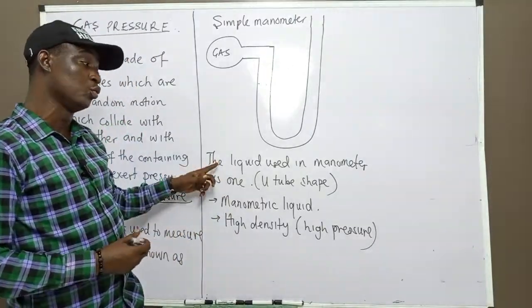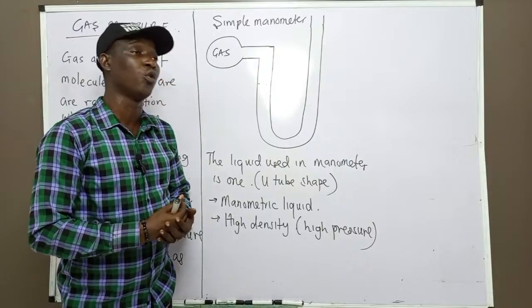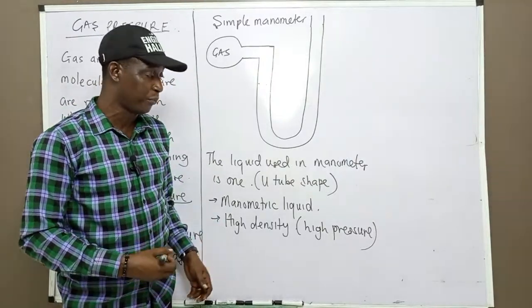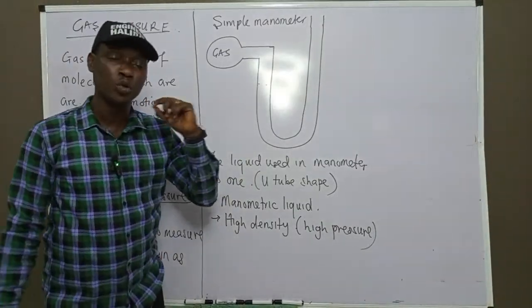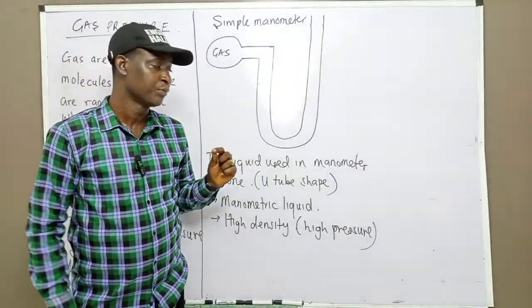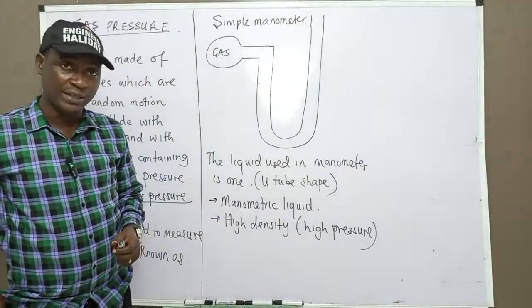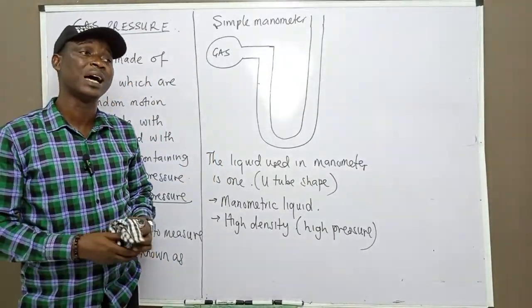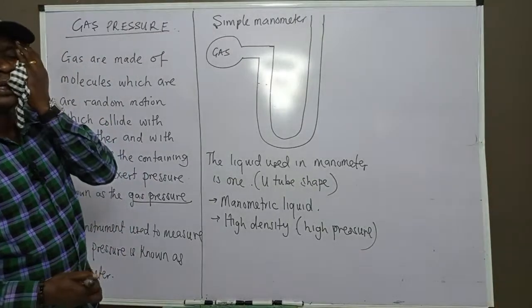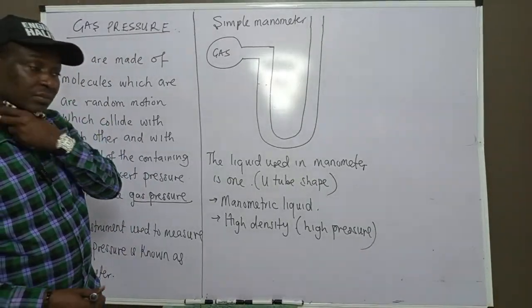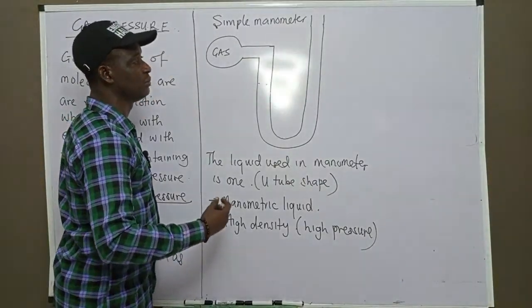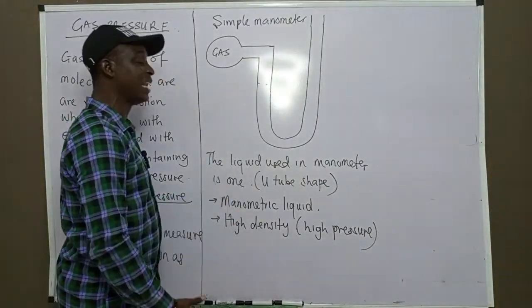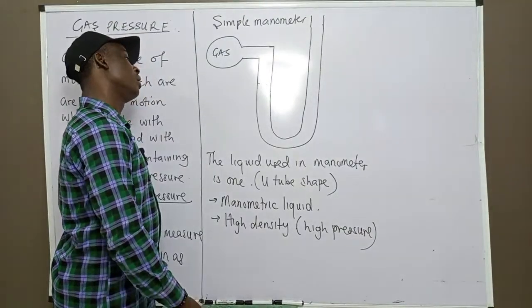Don't forget, I told you that in the use of a manometer to measure pressure, we use only one liquid. But if you want to use it to measure relative density, we use two liquids. Now, don't forget that the liquid you are using here must be immiscible. That means the liquid should not be able to mix with other liquid, for proper analysis.